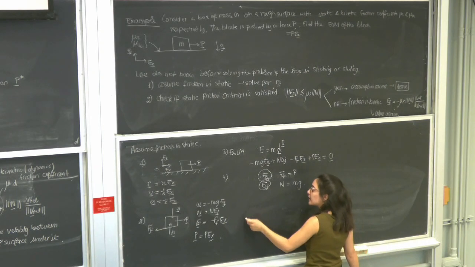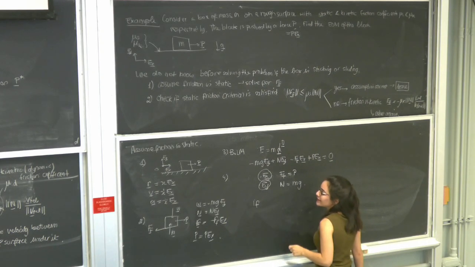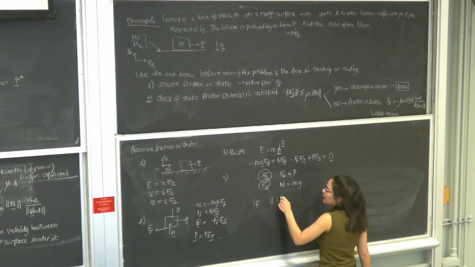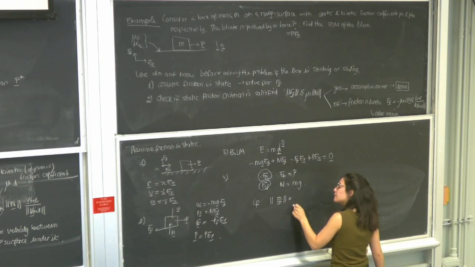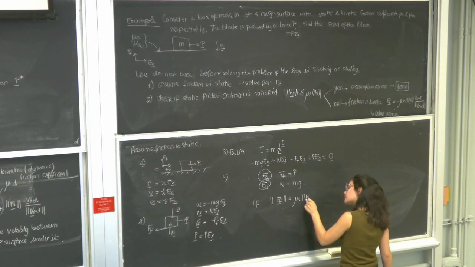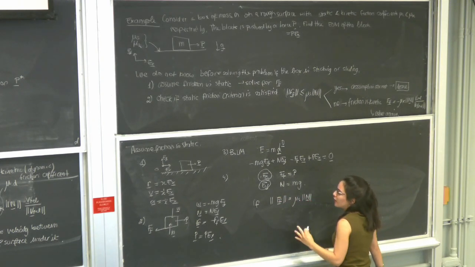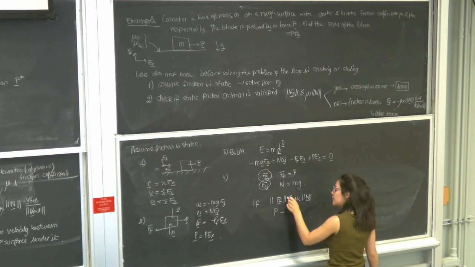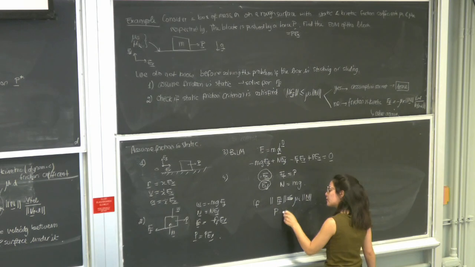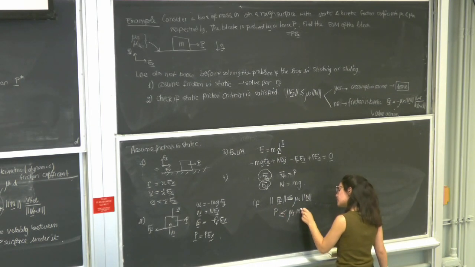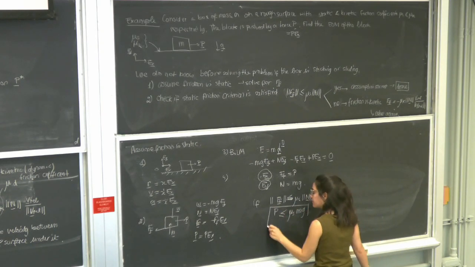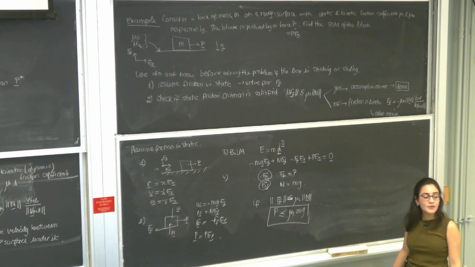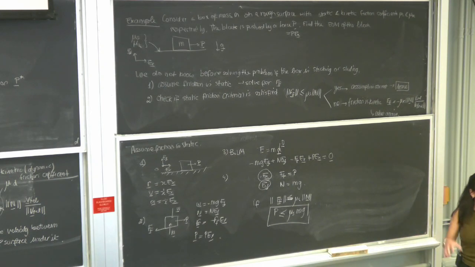So the static friction criterion is if the friction force is less than mu S N, then if P is less than or equal to mu S mg. Okay, so this is my static friction criterion. If P is less than or equal to mu S mg, then the friction is static.